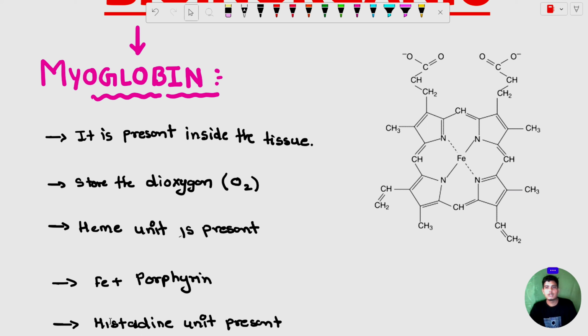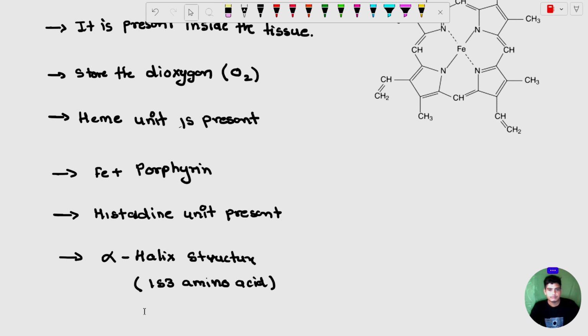This is an example of deoxymyoglobin. There is no oxygen directly connected to the metal atom. But I can show you oxymyoglobin. In this, the oxygen is directly connected to the metal atom, like iron, and it is called oxymyoglobin.